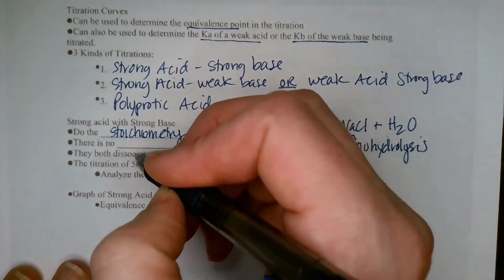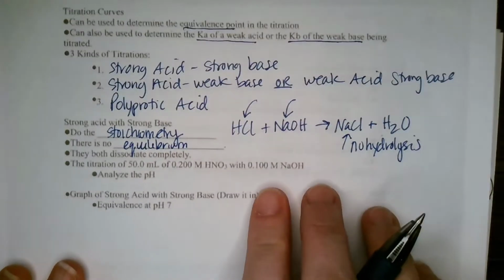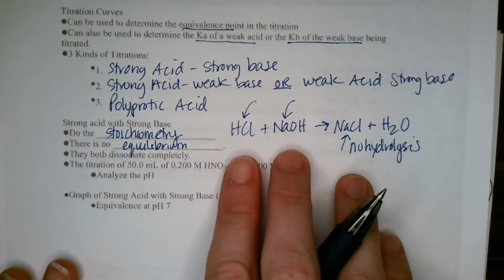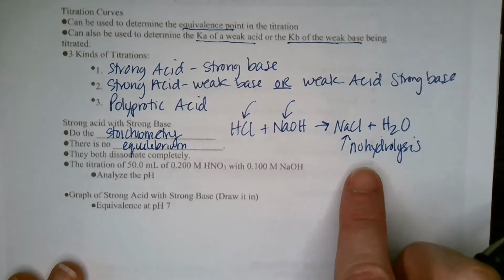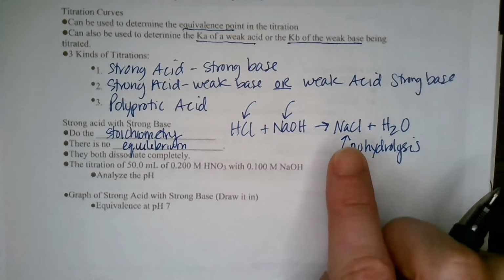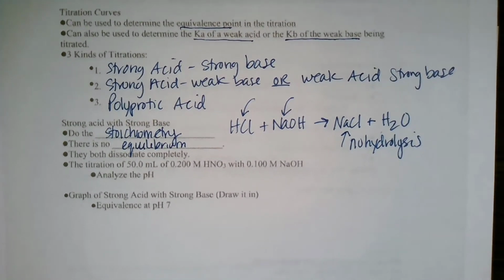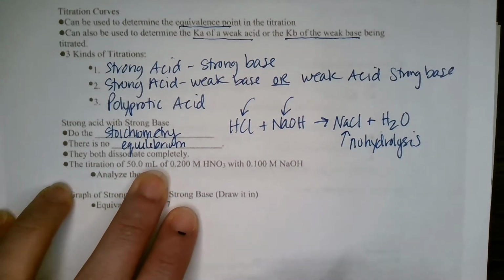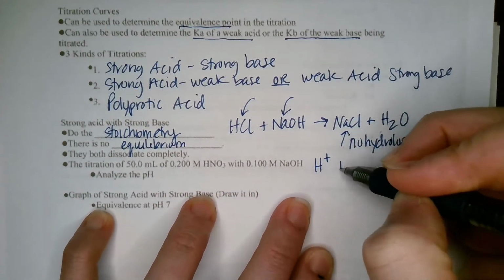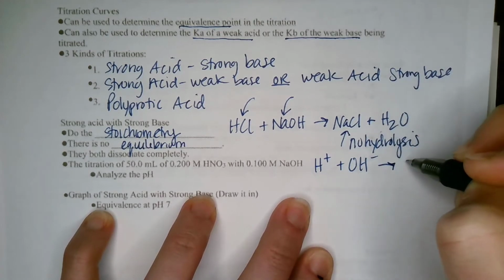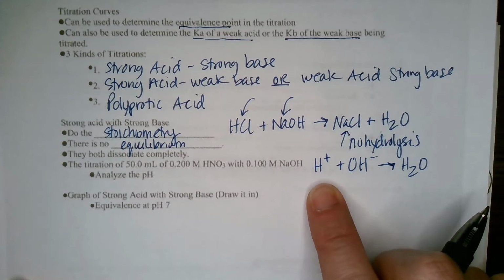So what we're saying is that there's no equilibrium when we have two strong acid bases, because the salt that is being produced is not affecting the titration with the acid and base. And because they both dissociate completely, we're left with H plus OH minus, giving us H2O after getting rid of all of our spectator ions.